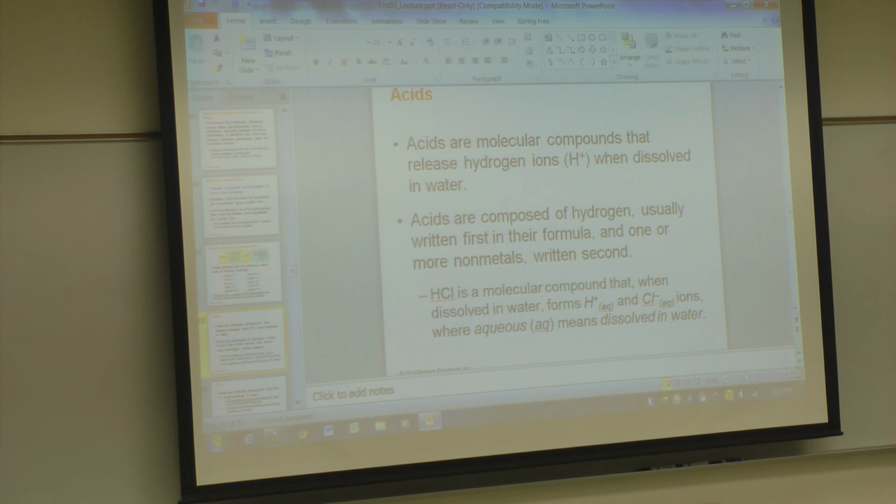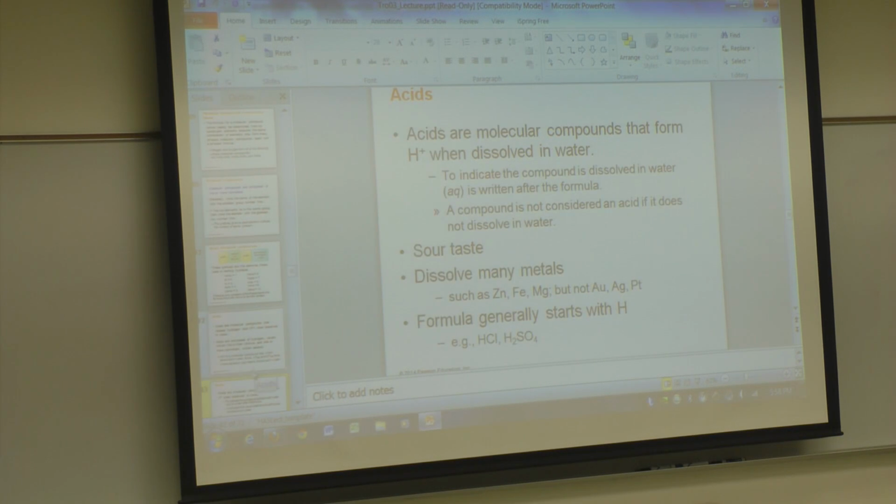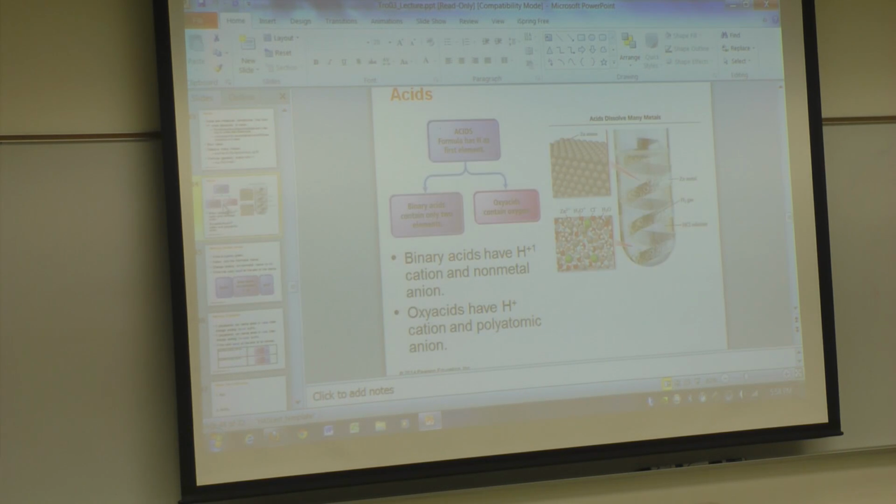If we run across acids, say HCl, it's H+ and Cl-, and so we say hydrochloric acid. Acids normally have a sour taste and dissolve many metals, giving off hydrogen gas. The formulas we want to familiarize ourselves with are HCl, hydrochloric acid, the acid in our gut, and H2SO4, sulfuric acid, the battery acid found in our cars.